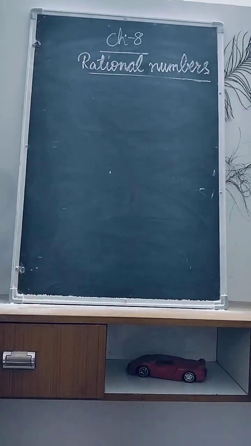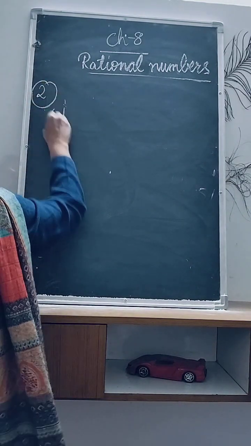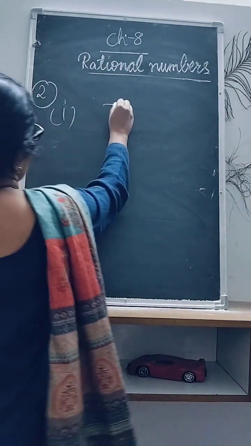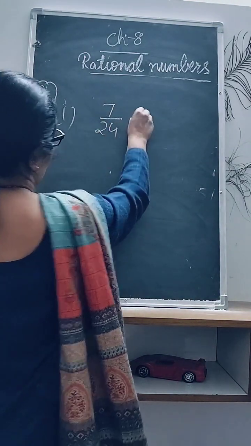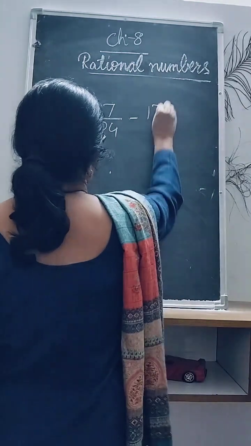Now question number 2. In question number 2, there is a minus sign given: 7 by 24 minus 17 upon 36.